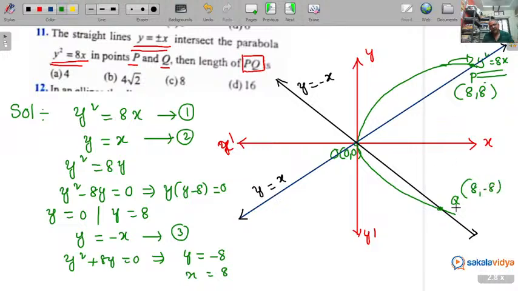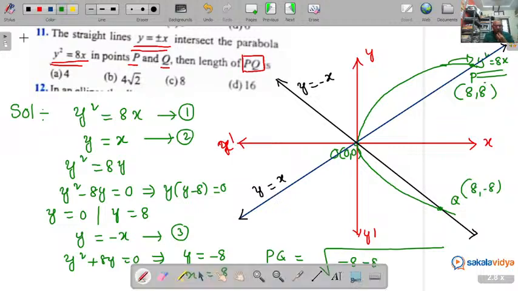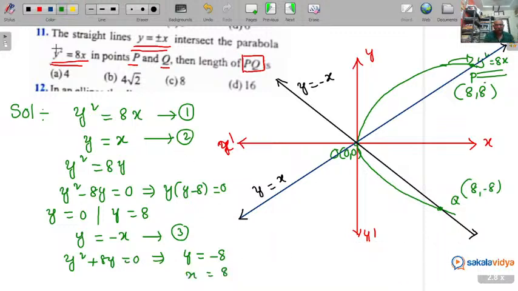Distance between these 2 points, PQ, we need to find out. Because the x coordinates are equal, the distance between the points 8 comma 8 and 8 comma minus 8 is the modulus of y2 minus y1.